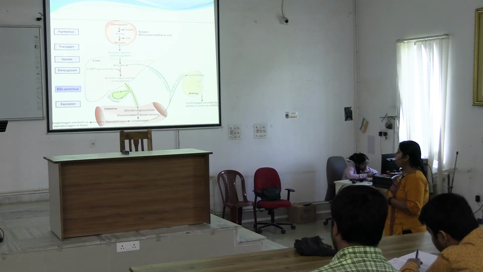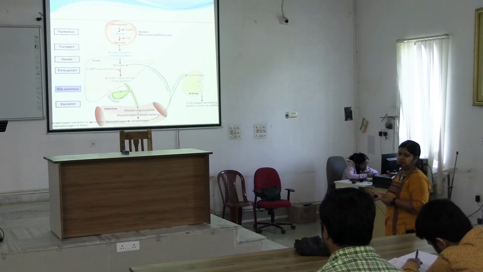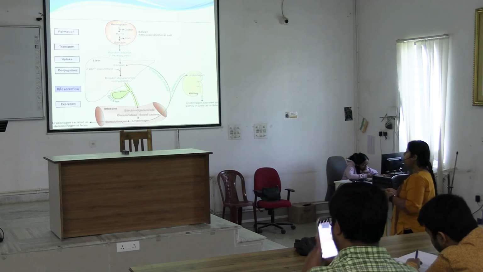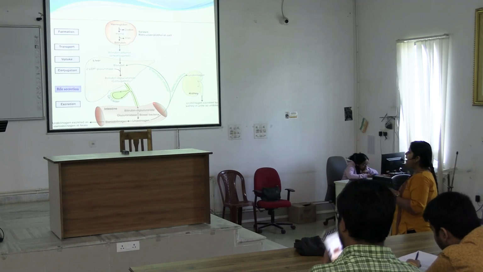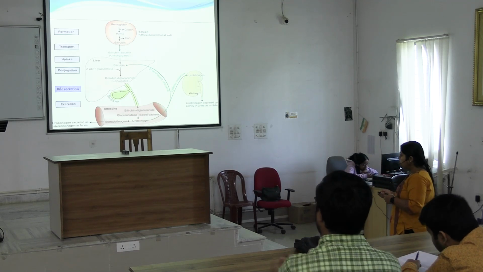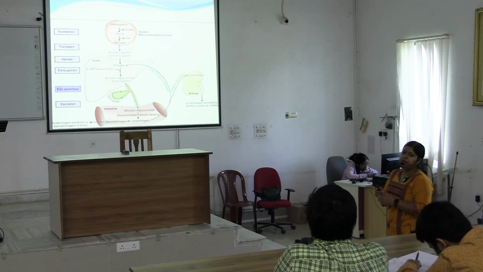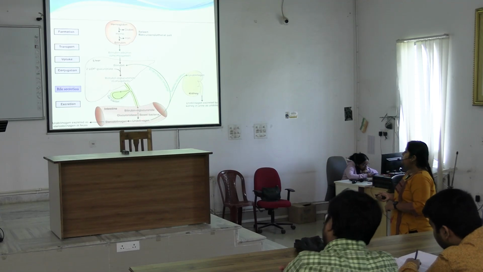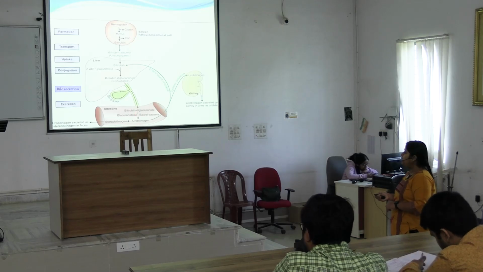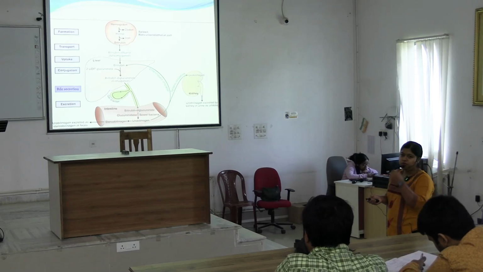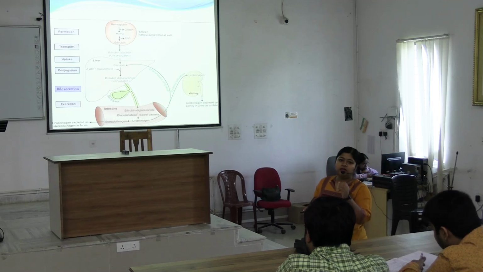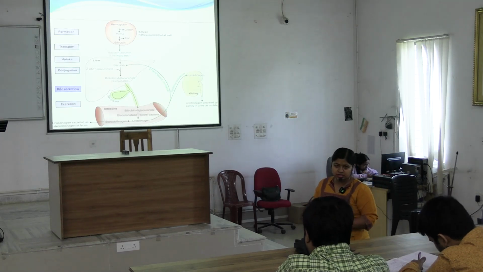The gut bacteria have the glucuronidase enzyme, which acts on the conjugated bilirubin and makes it unconjugated again. So what is the end product? Urobilinogen. Urobilinogen is the end product of conjugated bilirubin metabolism by gut bacteria.